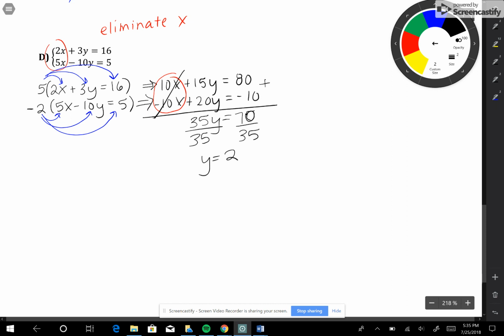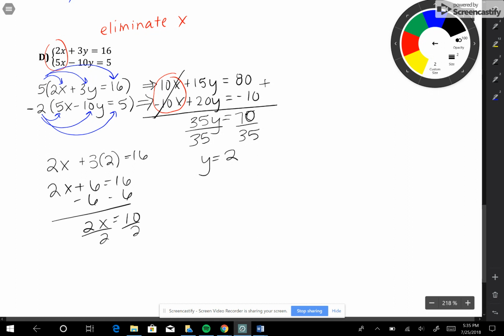I'm going to plug it in the first one. So the first one is 2 times x plus 3 times y, so that'd be 3 times 2 equals 16. 2x plus 6 equals 16. Subtract 6. 2x equals 10. Divide by 2, x equals 5. So we have our solution, 5, 2.